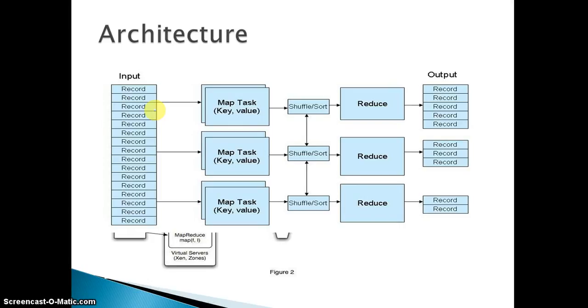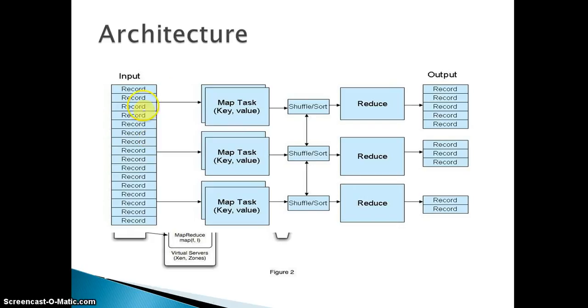Once it has broken them into words, the mapper output would be key comma value, which is nothing but a word comma 1. I'm just trying to explain how a mapper output can be.